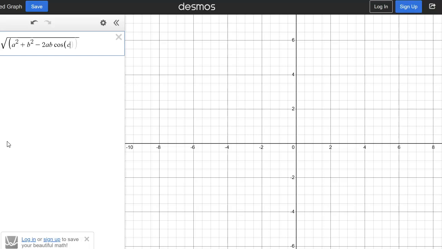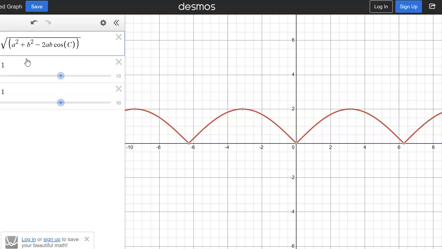Cosine C is not the same as the lowercase c. Okay, and then I have to do A, B. I'm being kind of dumb about this.